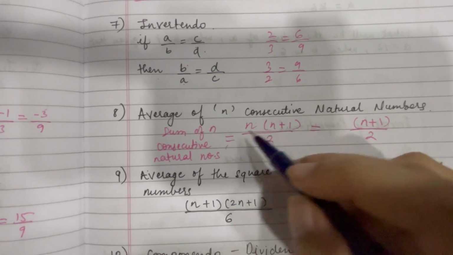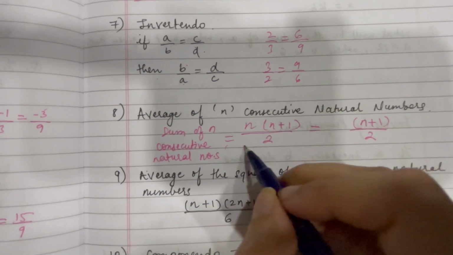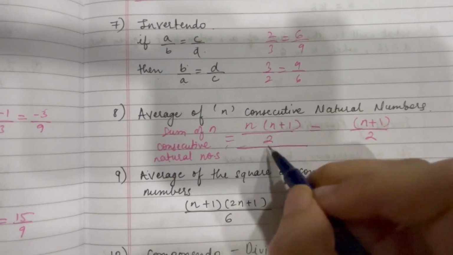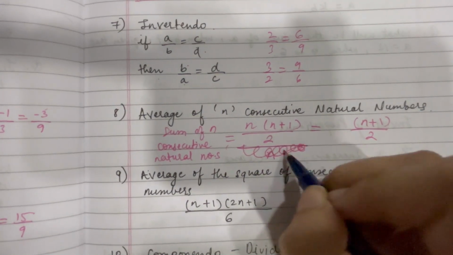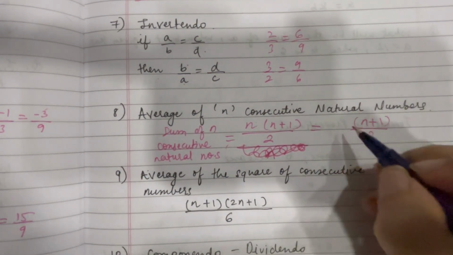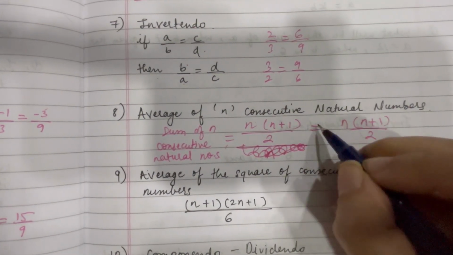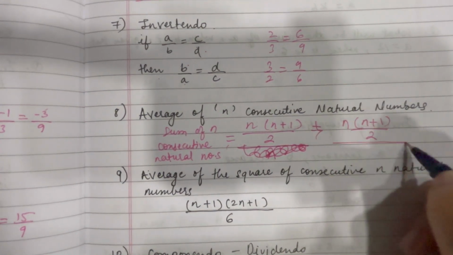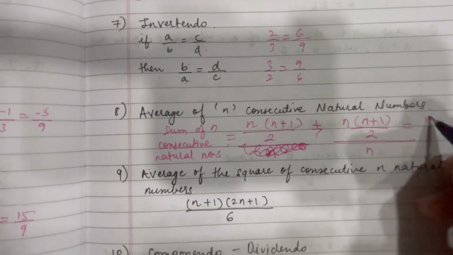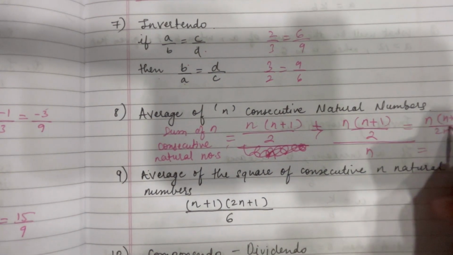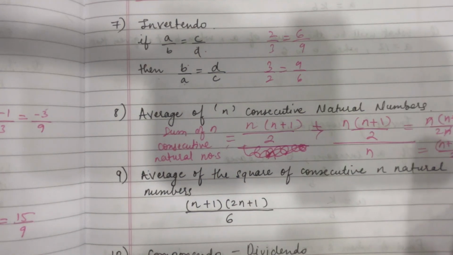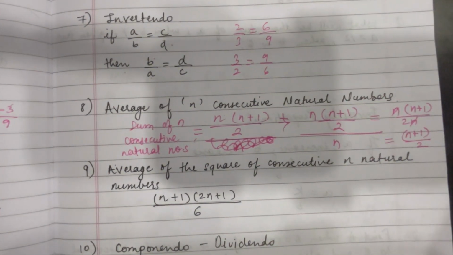So let's say for average I'll divide this whole thing by n. This will become n into n plus 1 by 2n, which n and n will get cancelled, and I'll get answer as n plus 1 by 2. I hope this much is clear.